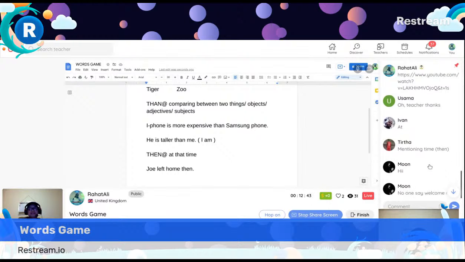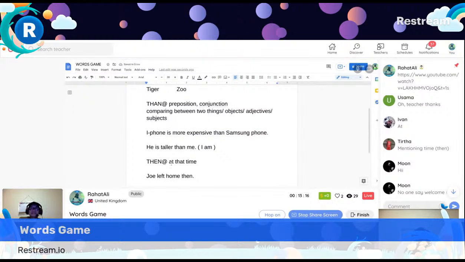Mentioning time, then, at that time. Okay. This then is a preposition or conjunction, but this then is comparing.